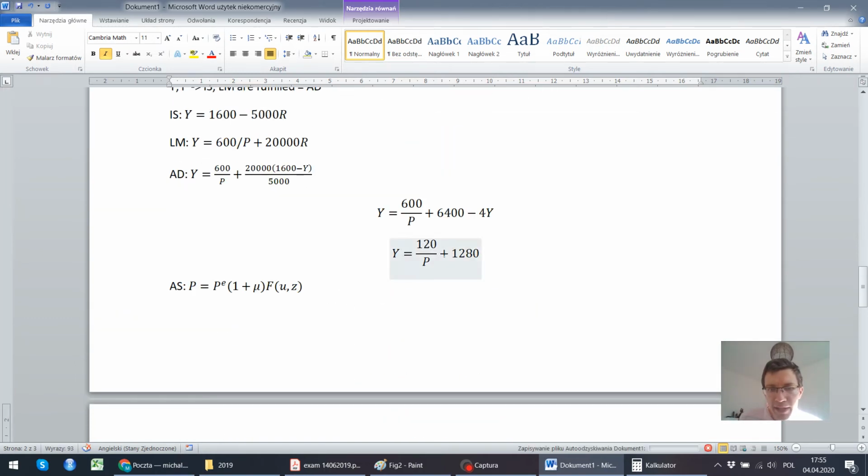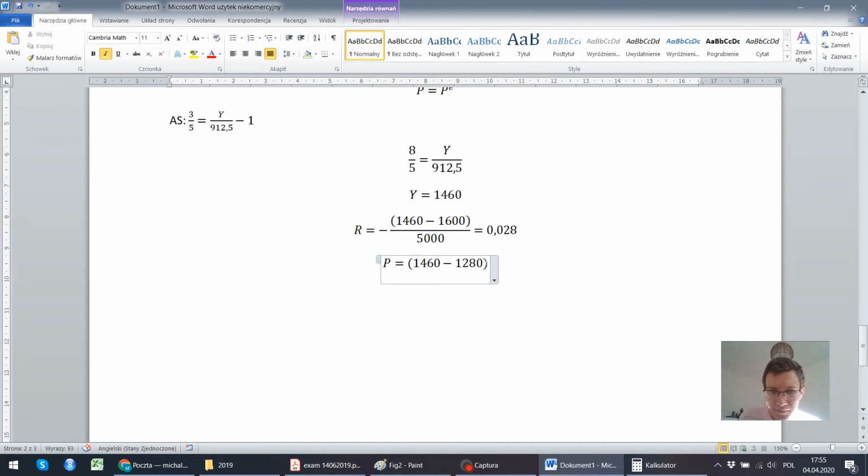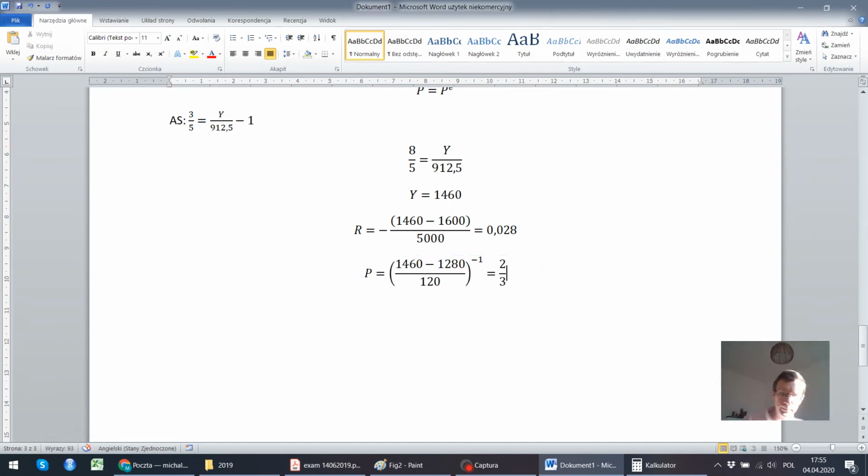And this we divide by 120, and everything is to the power minus 1. So we have 180 over 120 to the power minus 1. It's nothing else but 2 over 3. Fair enough. So we have the whole equilibrium computed.